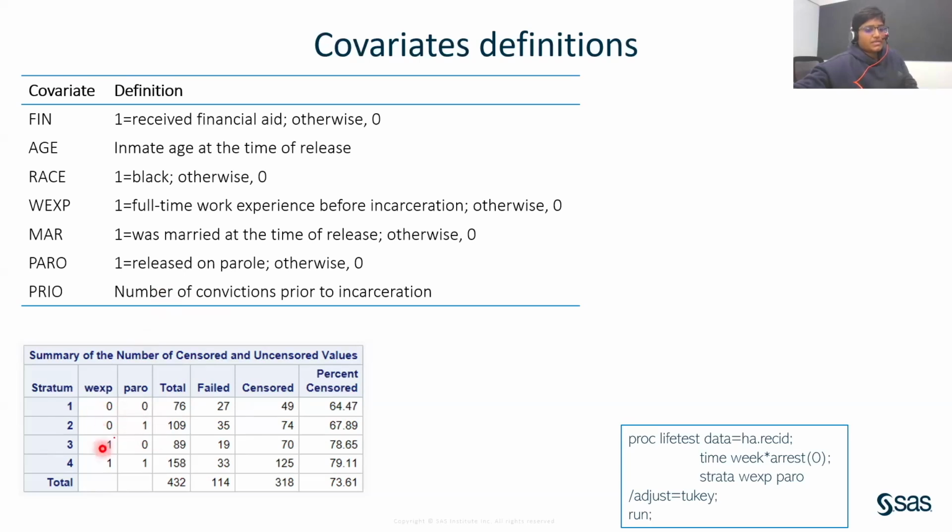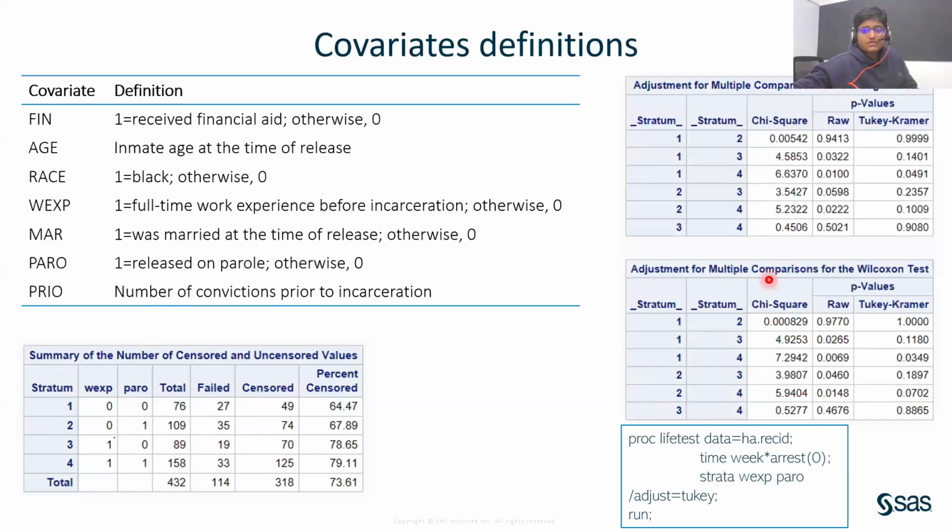Now, across a combination of these two variables, you can look at how many inmates there were, how many of them failed, meaning they got rearrested, and how many of them did not get rearrested. So this is more of a descriptive analysis. And following this, you can also perform a comparison between the corresponding strata.